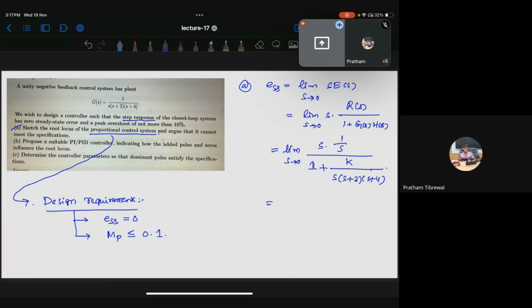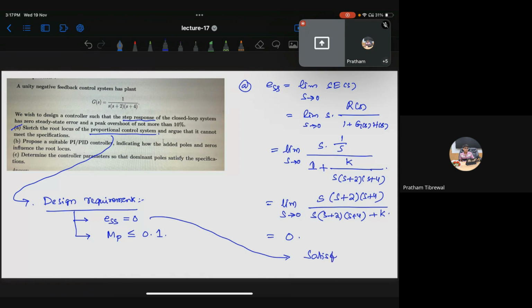The S terms get cancelled, so this is the limit as S tends to 0 of S times S plus 2 times S plus 4 divided by S times S plus 2 times S plus 4 plus K. This goes to 0, so the first one is satisfied. With the proportional controller, the first one is satisfied for any K.